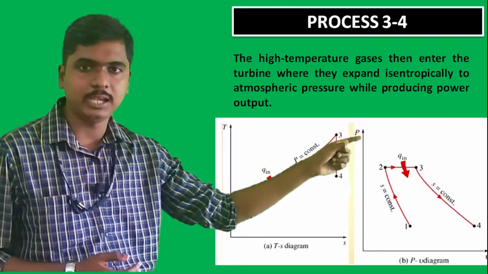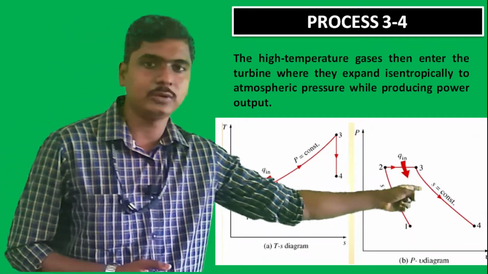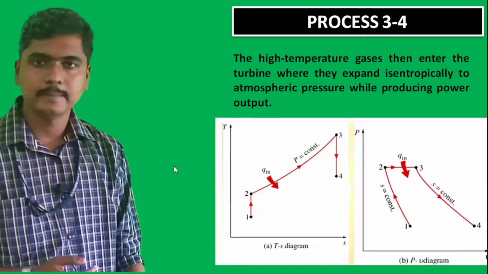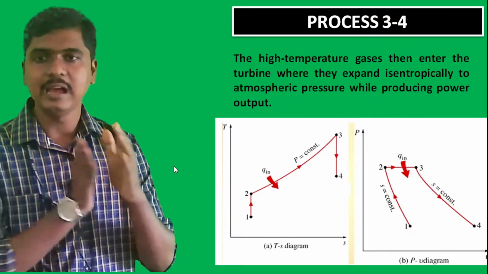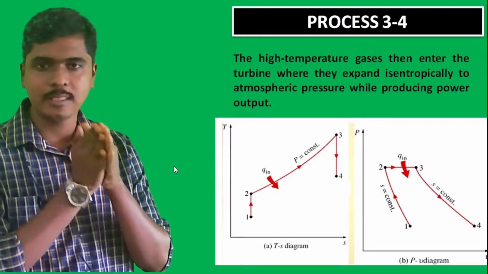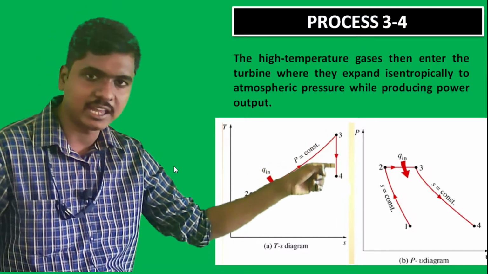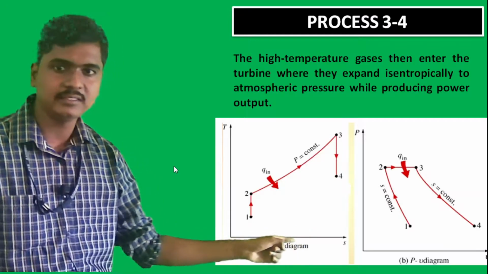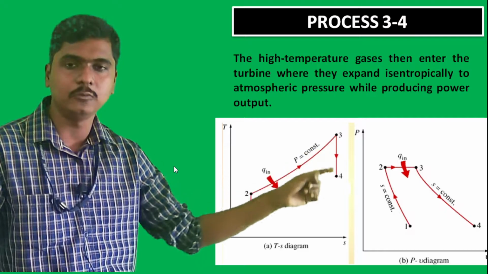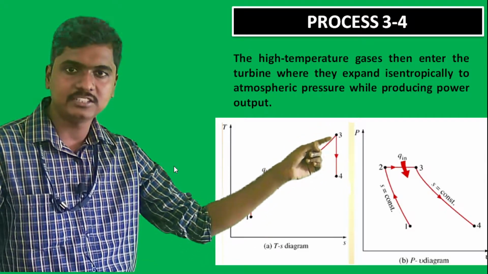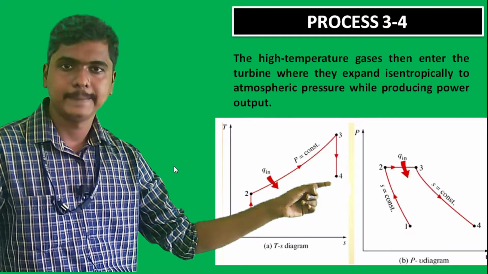Similarly, in the PV diagram also, from process 3 to 4, the pressure will gradually decrease. But it takes place isentropically or reversible adiabatically. Since it is a reversible adiabatic or isentropic process, you can see a straight line, because our x-axis is the entropy axis, and since entropy is constant during process 3 to 4, we get a straight line from point 3 to point 4.